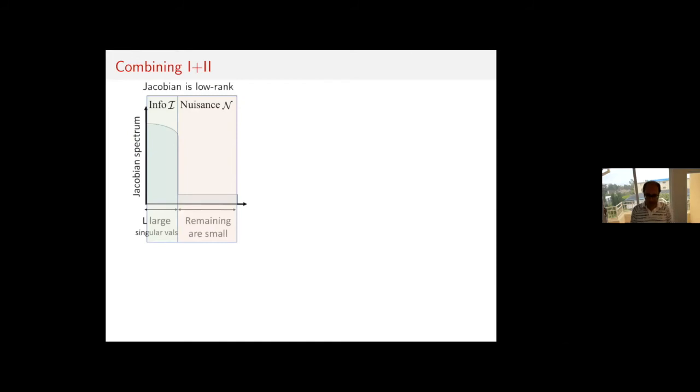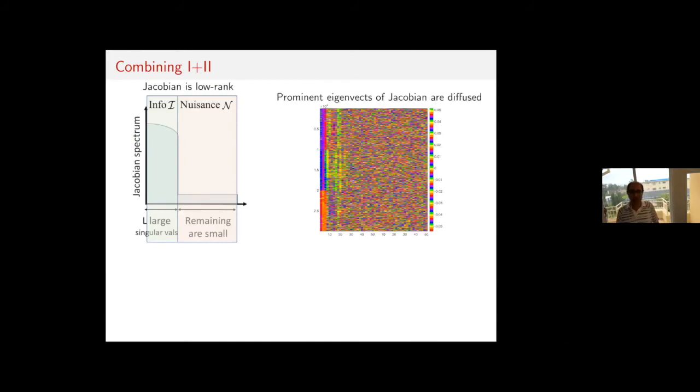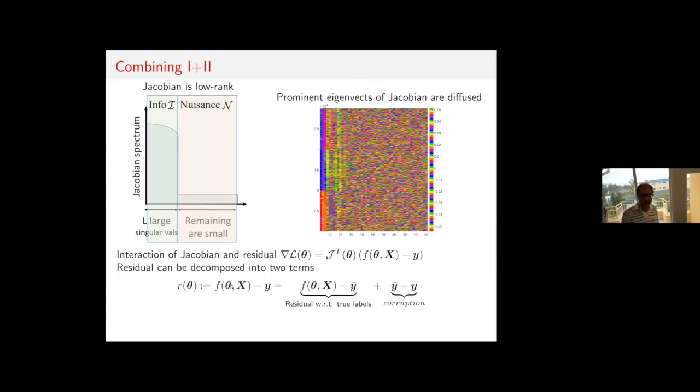Now that we have these two key things, remember, key idea one was that the Jacobian is approximately low rank on real data. The second one is that the top eigenvectors are not spiky, they're diffused. Let's see how, if we combine these, good things will happen. Think about the gradient as the Jacobian times the residual. The residual is the output minus the labels.